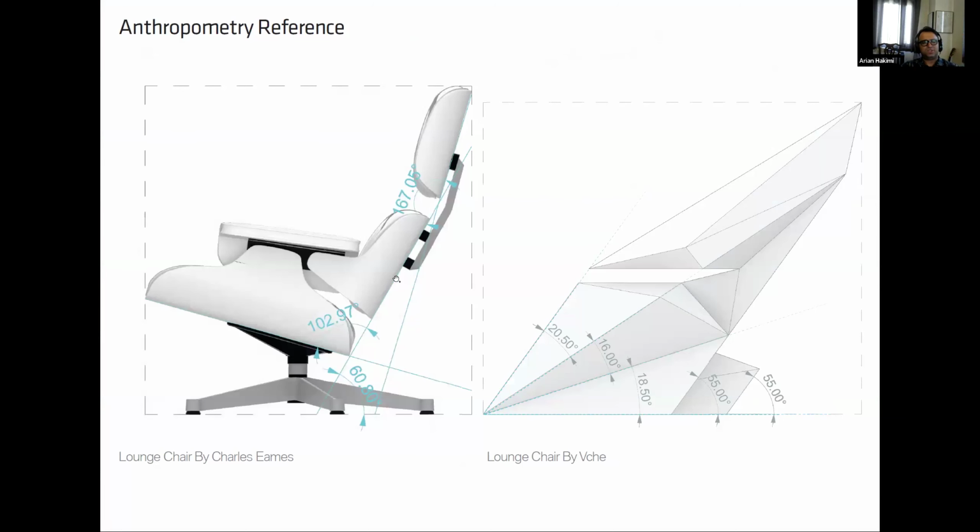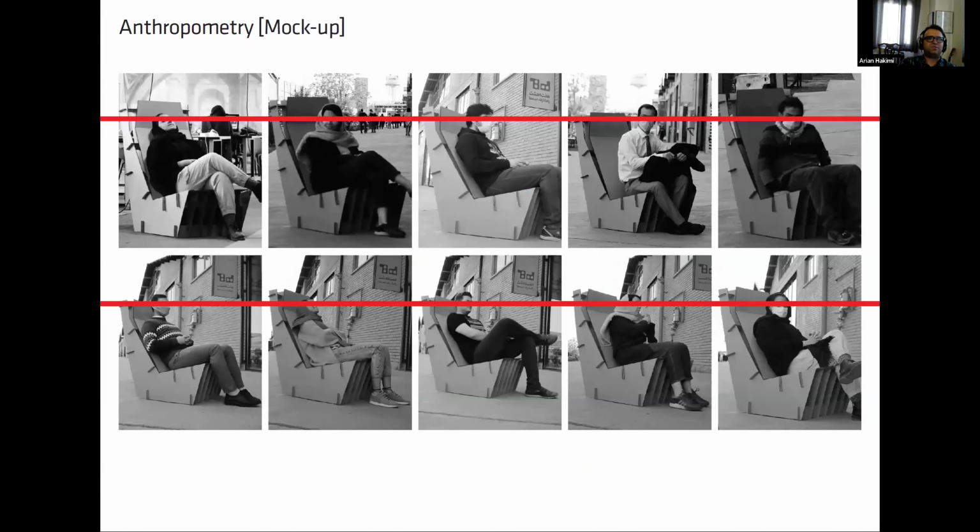And in the second stage, by looking at the icon furniture of the 20th century, we started to rationalize the design, not only to facilitate the fabrication process and make the shop drawings, but also to get closer in terms of ergonomics and anthropometry. So we made a mock-up.